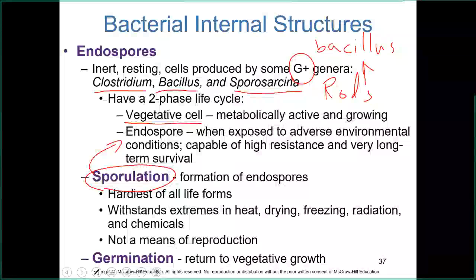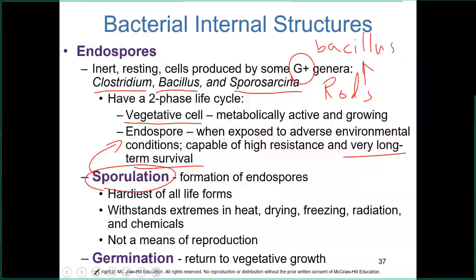And so these endospores are incredibly resistant. The things that would normally kill a vegetative cell aren't going to affect endospores for the most part. You have to use extreme measures to kill an endospore generally, right? And so the upshot, the goal basically, is to come up with a life stage that is incredibly resistant so that it can survive.